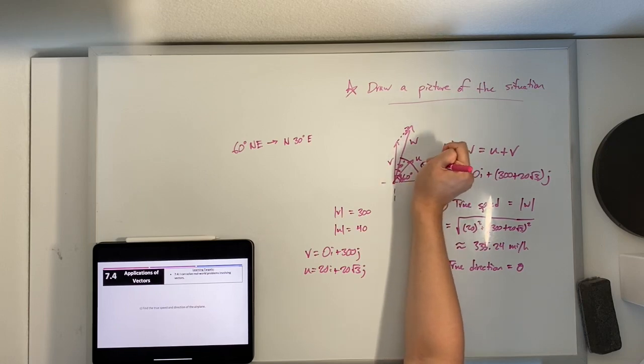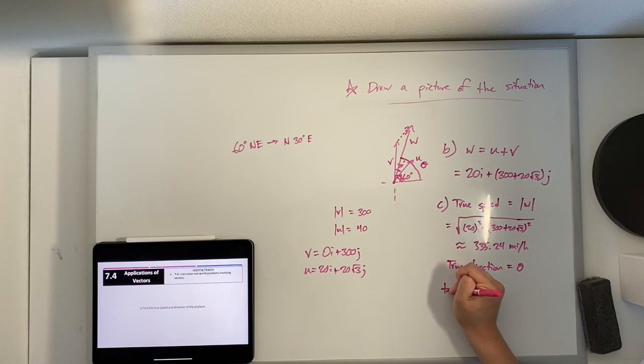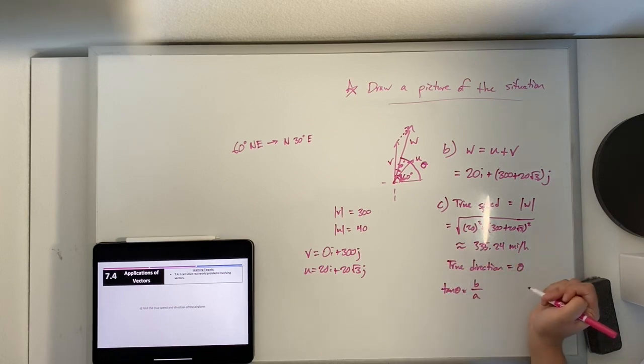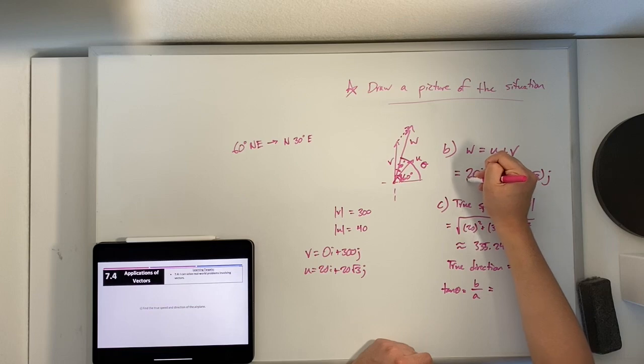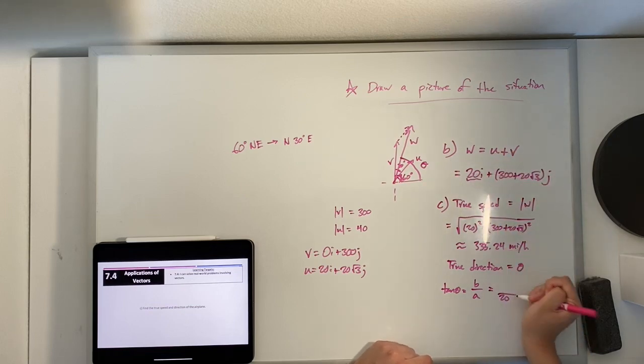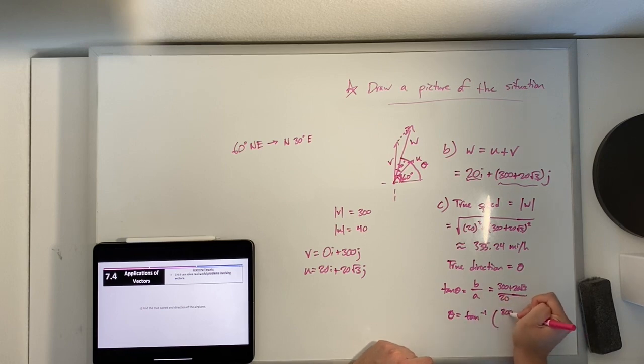What is the actual direction of vector w? Well, tangent of theta equals b over a, opposite over adjacent. In this case, a is 20 and b is 300 plus 20 square root of 3. So to solve for theta, we take the inverse tangent of that messy fraction.